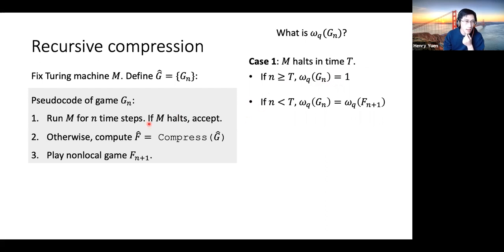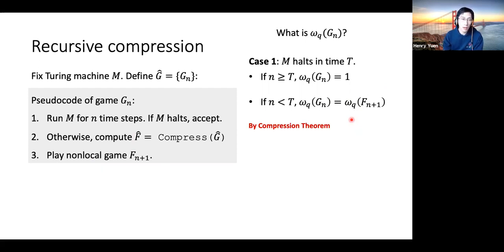That's just because step one always accepts. So that's easy. What about if the index n is less than this halting time? Step one never accepts, so it always continues to steps 2 and 3. And then the game G sub n is simply the same as the game F sub n plus 1. It accepts if and only if the game F sub n plus 1 accepts. So the values of these games are the same.